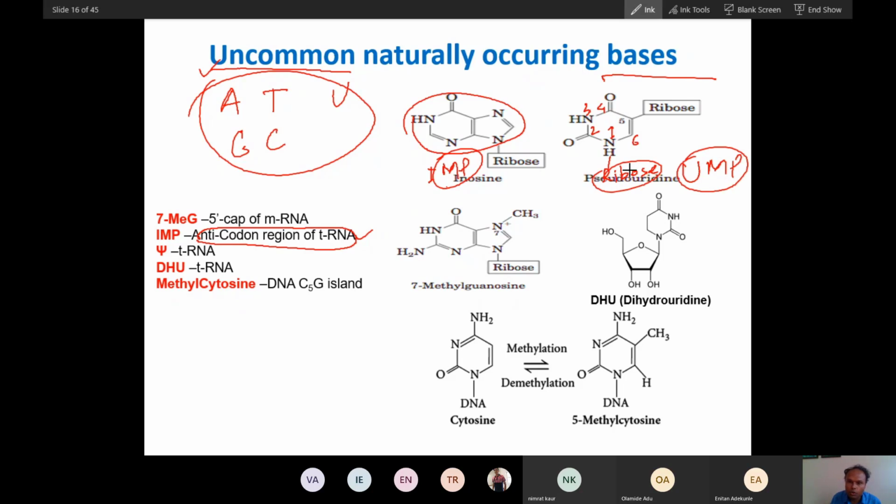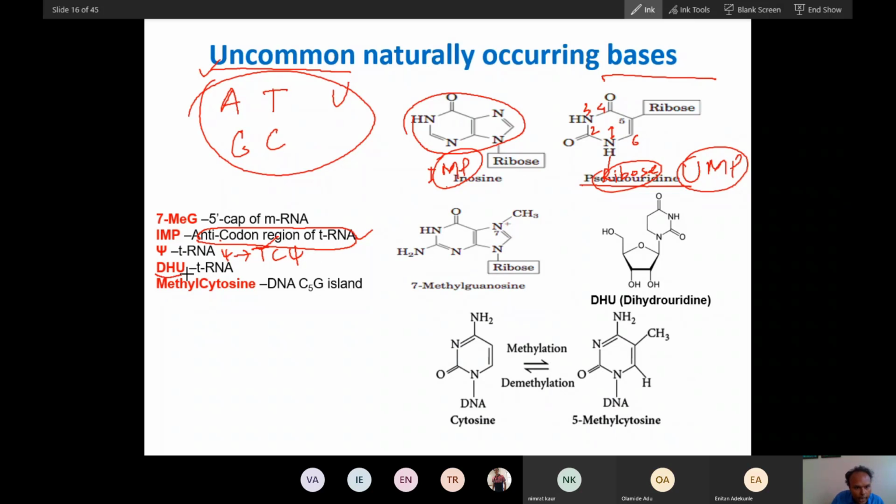But what happens in pseudouridine? What happens? This ribose binds to this 5 carbon. This becomes pseudouridine, and we call it Psi. In tRNA, we give it Psi. So IMP in the anticodon region, and this Psi in the T-Psi-C region. We will see right after this slide what the T-Psi-C region is.